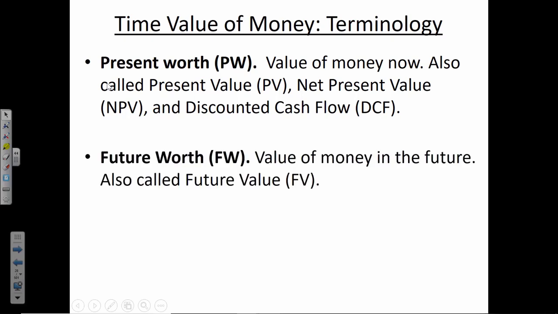Okay? There are also future worth problems where the unknown is some future amount. They're sometimes called future value problems. You're essentially finding out over time how much do the amounts compound. Now, in this previous one, when we were talking about present worth, there was the word discounted cash flow.